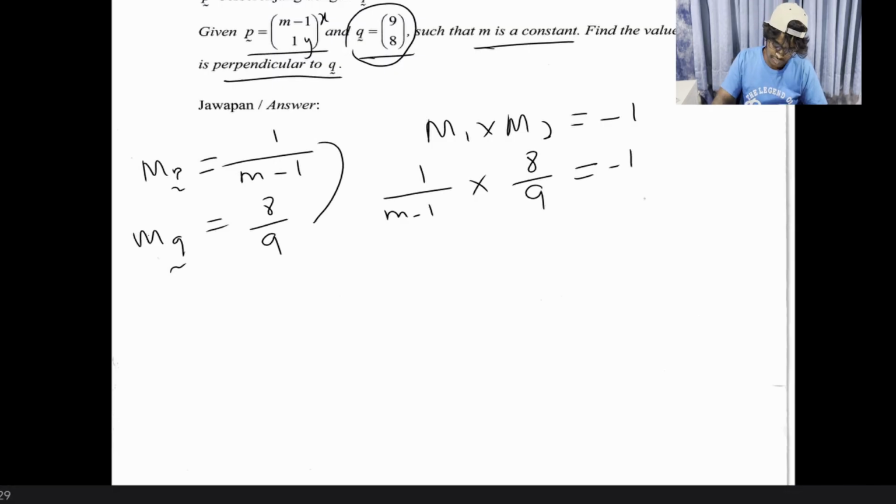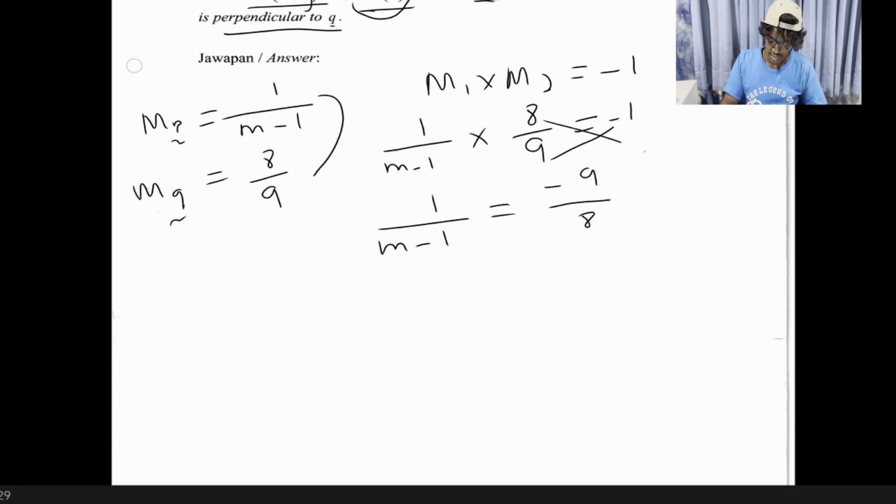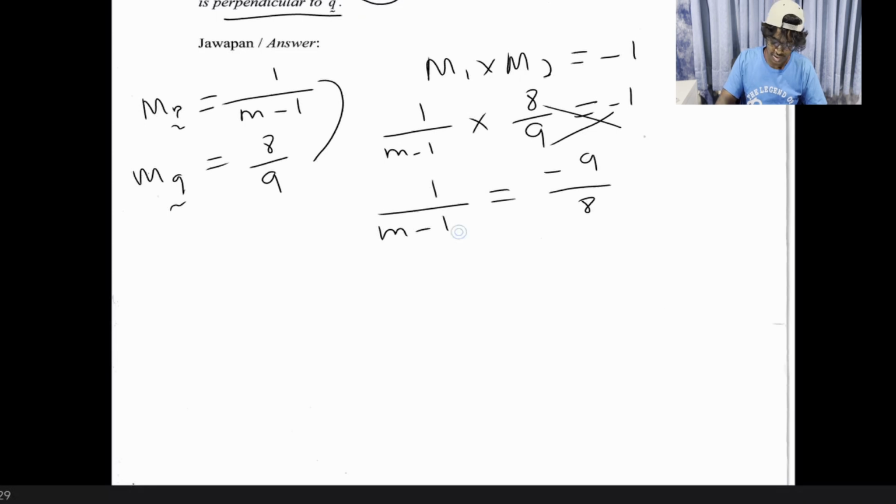Okay, how do we do that? I'm just going to do it as simply as I can. I take this and go up here, and take this and go down here. So 1 over m minus 1 equals -9 over 8. After that, I take this and go up here.